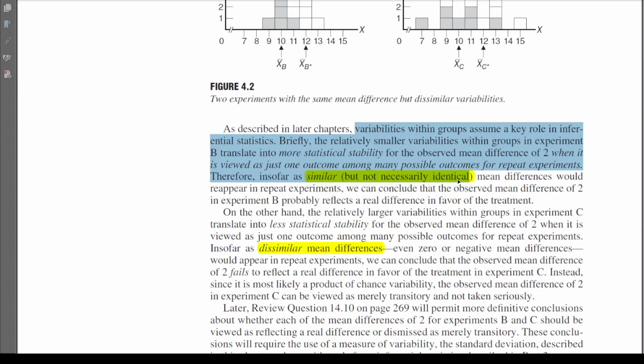Briefly, the relatively smaller variabilities within groups in experiment B translate into more statistical stability for the observed mean difference of 2 when it is viewed as just one outcome among many possible outcomes for repeat experiments.